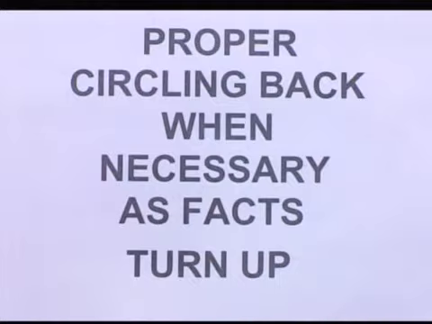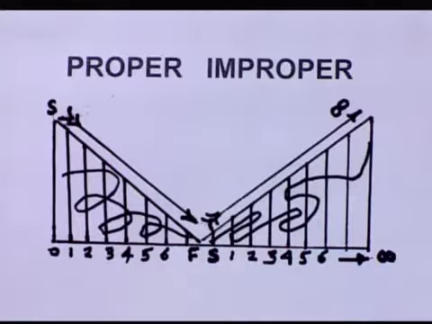Now, this is where we get into an interesting thing, and when you turn to the next slide, you're going to see that even if you're going in the proper direction, down the slope, you will run into obstacles along the way. So what will happen is you'll be moving forward, then all of a sudden you hit a problem, you have to go back a couple steps, you got to circle around, then you go out again forward, and then you go back a few steps, and then you go out again, and this is just a simple example. It could be much worse than this.